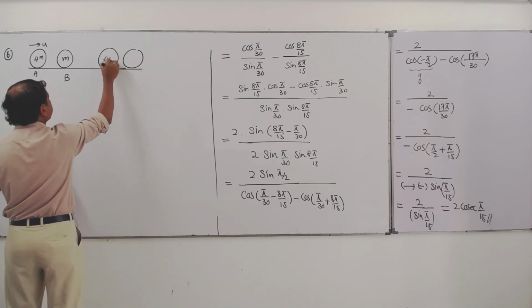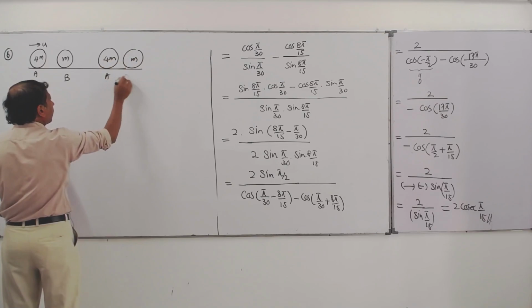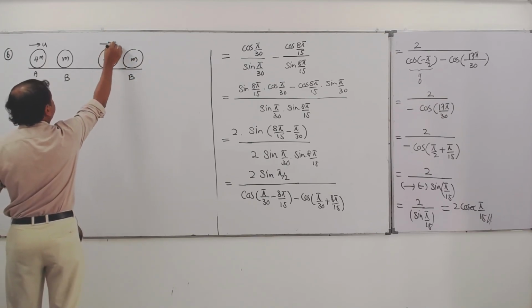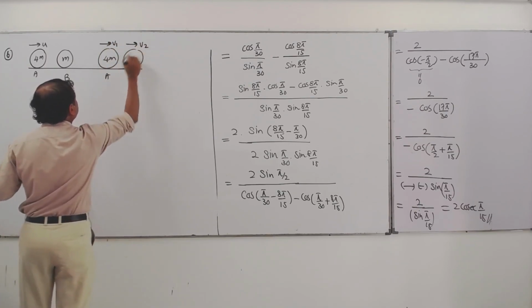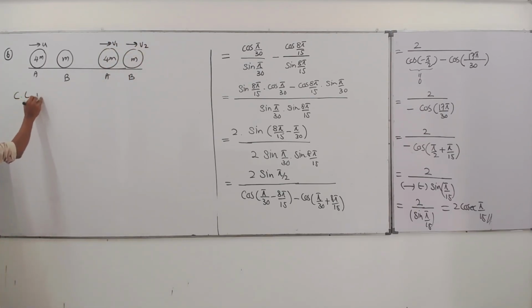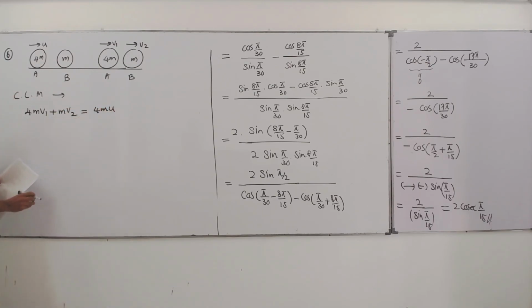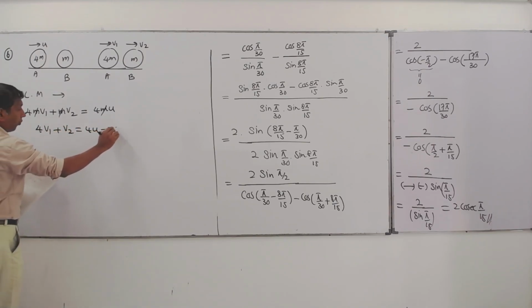After collision, let us take the velocity of A as v1, B as v2. Now we apply conservation of linear momentum rightward. After the impact, total momentum should be equal to momentum before impact. m you can cancel down: 4 v1 plus v2 equals 4u, number 1.